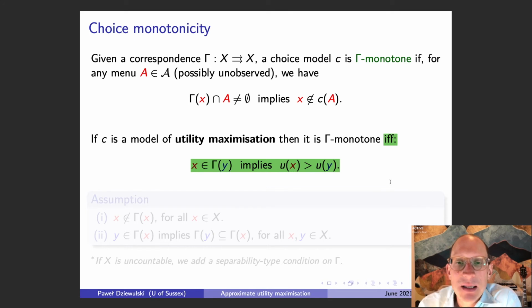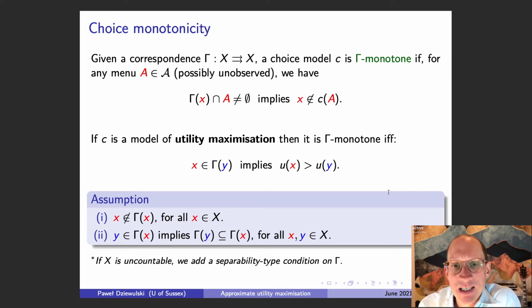I assume very little about gamma. Specifically, some values of gamma can even be empty. I don't really mind. What I do assume, though, are these two, I think, non-controversial conditions. One of them is that X is never strictly objectively preferable to itself, which I think is a good assumption.